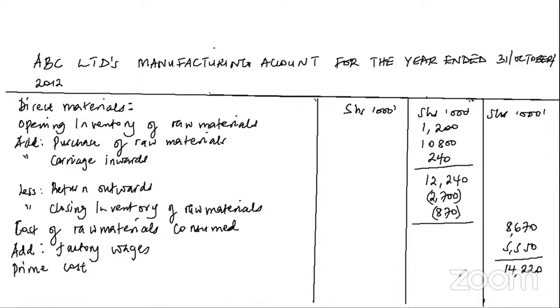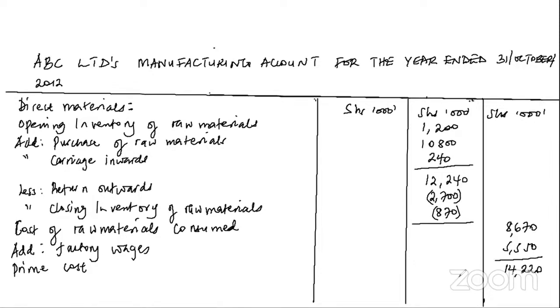So this is one of the features of the manufacturing account. One of them is the prime cost, and prime cost is the aggregate of the direct materials and direct labor, as well as other direct costs.